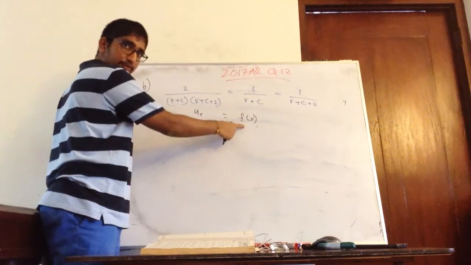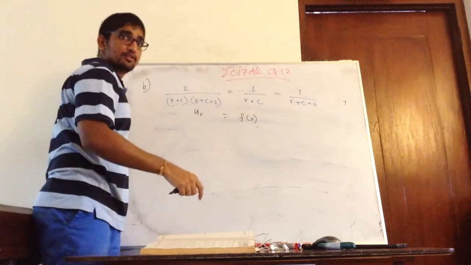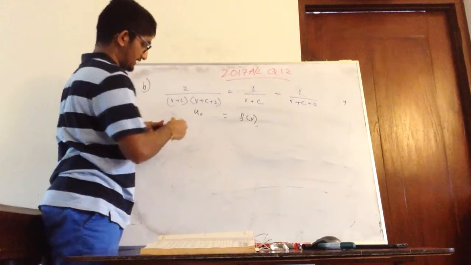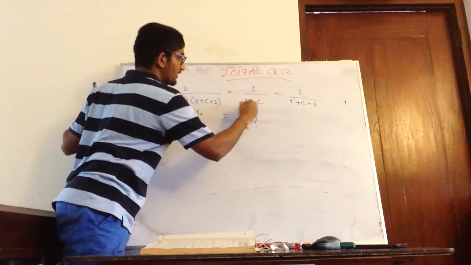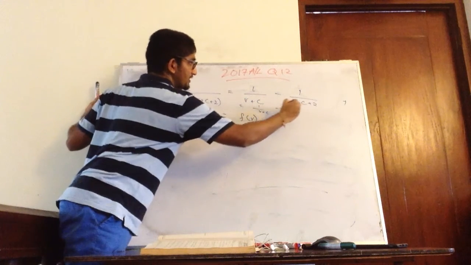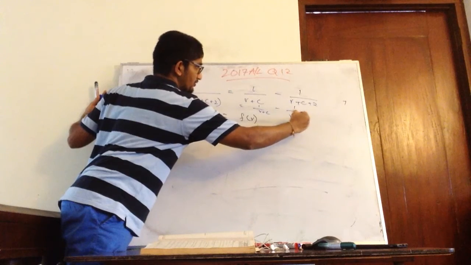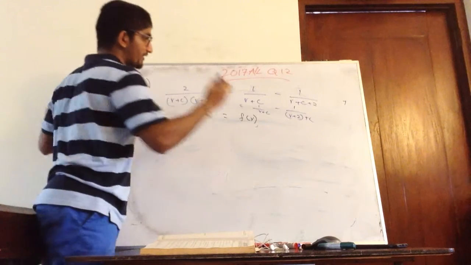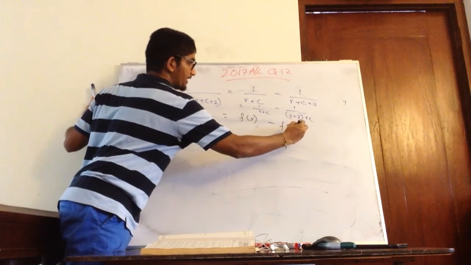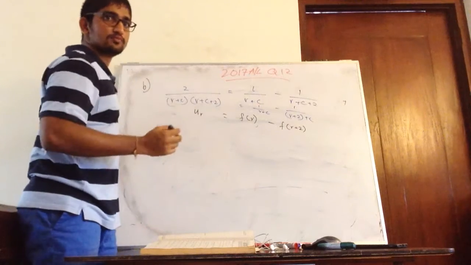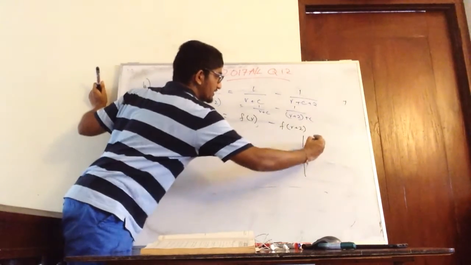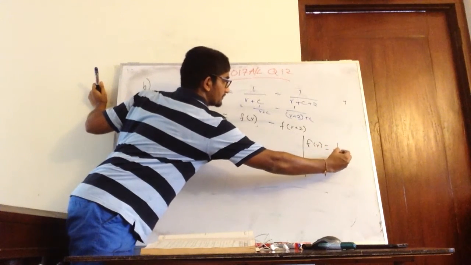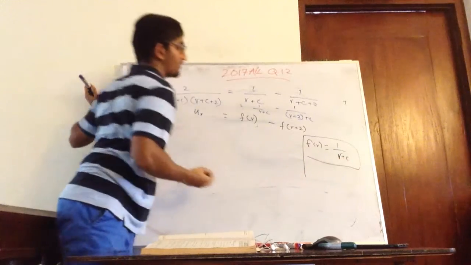And if this is f r, what will this be? Here if you look closely, this is r plus c, this is r plus 2 plus c. So I can write this as f r plus 2. Then I have to specify what is f r. So f r is 1 over r plus c.